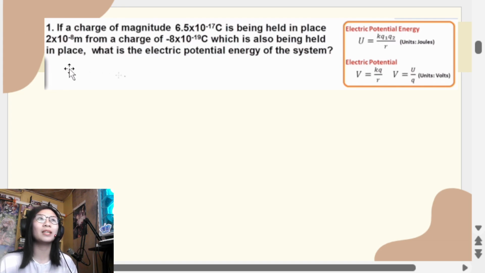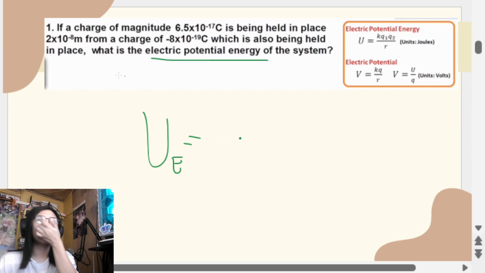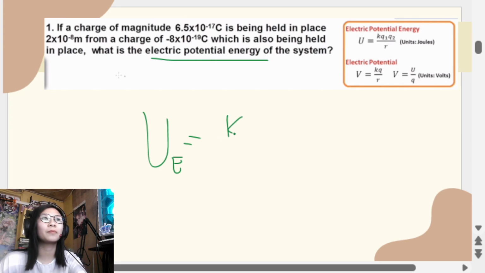What we are looking for here is the electric potential energy of the system, or the UE, which is equal to K, Q1, which is 6.5 times 10 raised to negative 17, and Q2, which is negative 8 times 10 raised to negative 19.